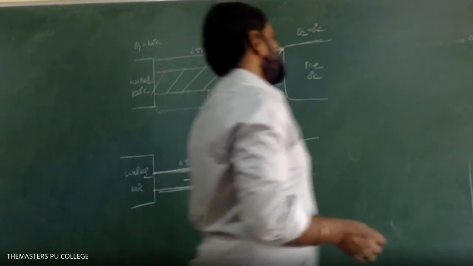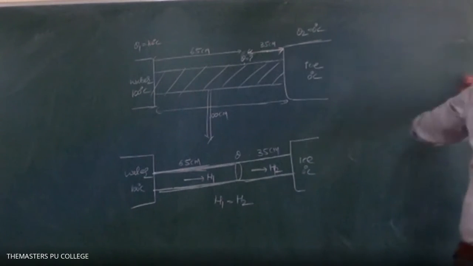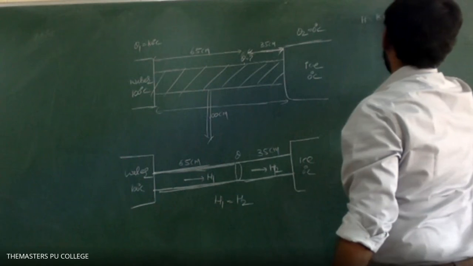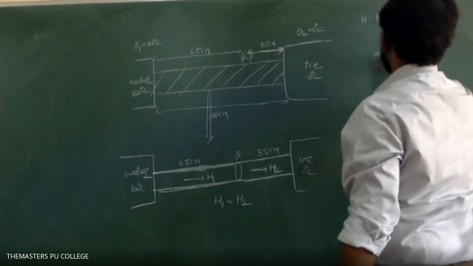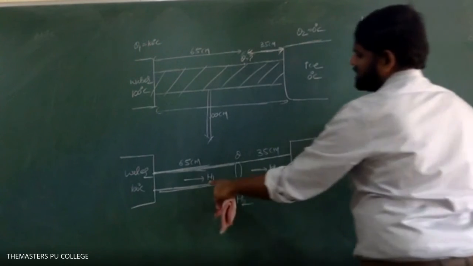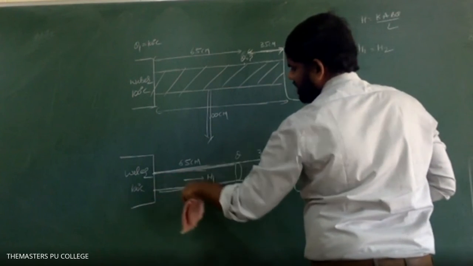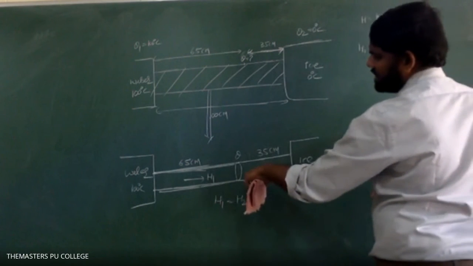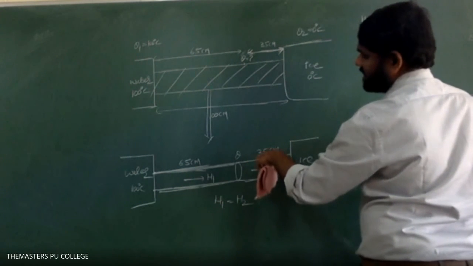H1 means what can I write? We know that H equals KA delta theta upon L. So H1 equals H2, where H1 is the heat flow in this part of the rod which is 65 centimeter long, and H2 is the heat flow in this part of the rod which is 35 centimeter long.